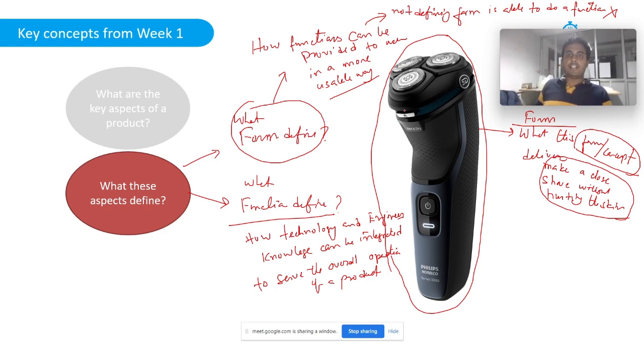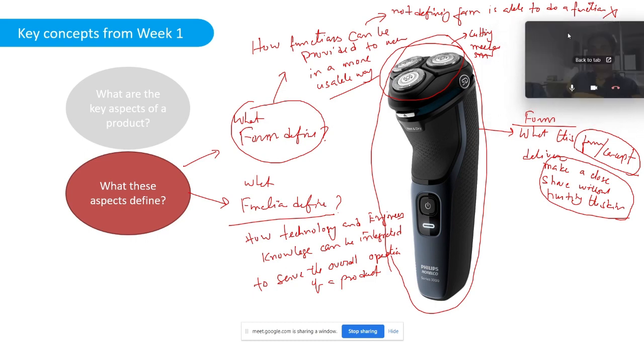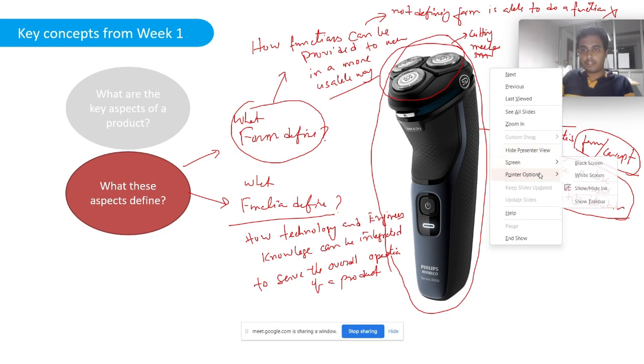So what are the functional entities? My question was, what are the functional entities? Let me explain. The functional elements here are, you have a rotary cutting blade. This is a cutting mechanism.